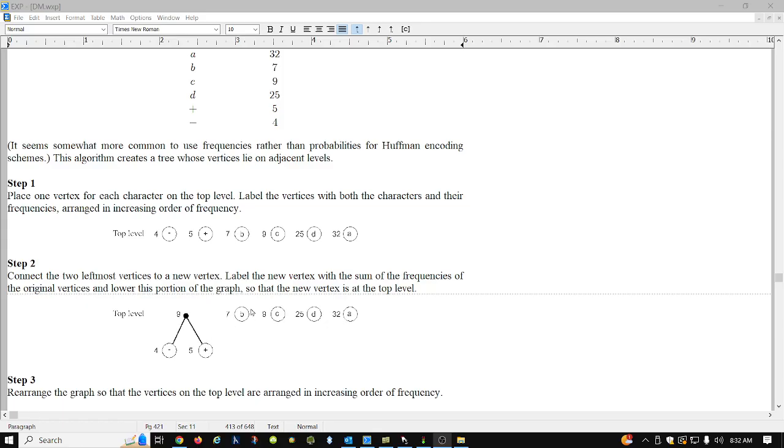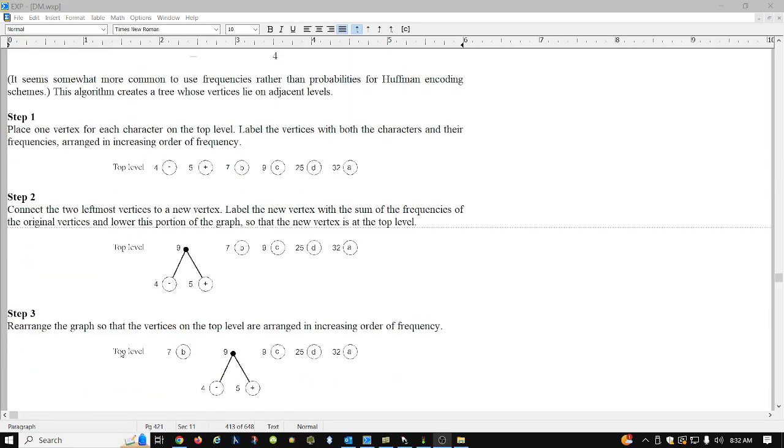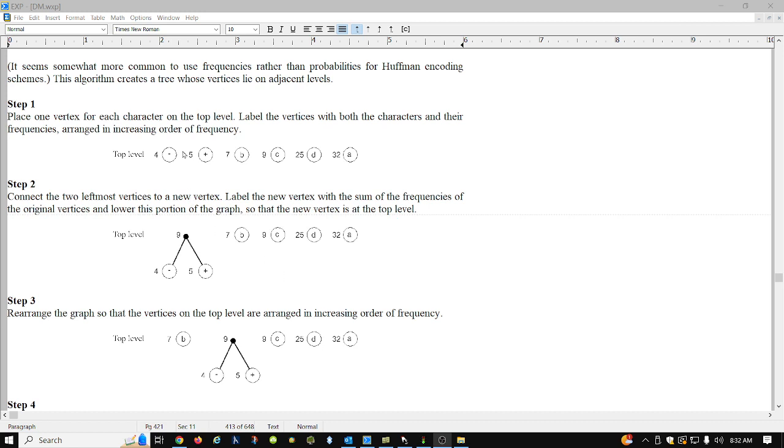And basically what we do from then on is the same thing over and over again. We'll rearrange the top level nodes in increasing order of frequencies. Step one, these are listed in increasing order of frequencies. So we rearrange again if necessary. Now you'll notice here that two of the top level frequencies are equal.